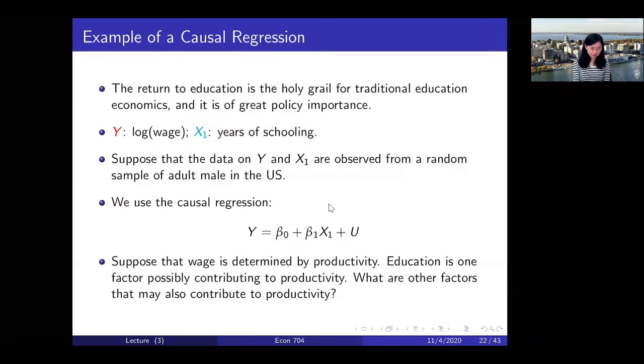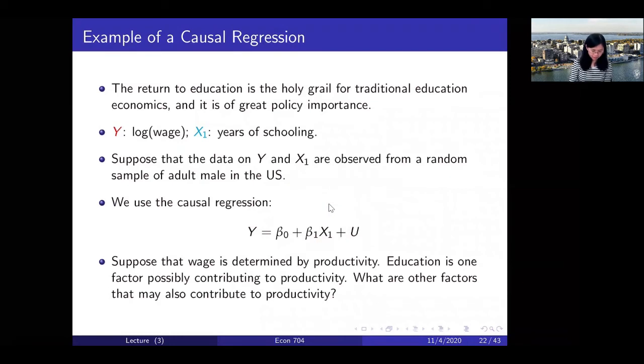Clearly in the determination of wage, education is an important factor, but there are also other factors. In our story, education determines a person's productivity and therefore determines a person's wage, but many other things also determine the productivity and the wage.